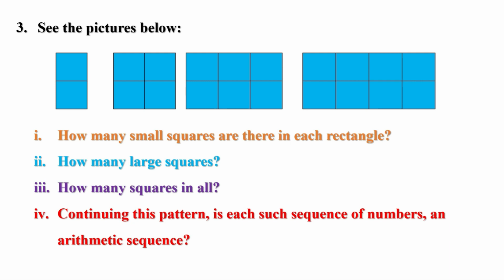First of all, let us check what is meant by a small square and what is meant by a large square. Look at the first figure. You can see two small squares in that picture. So each one is a small square. So this is a small square, and using this so many times, all other figures are made.